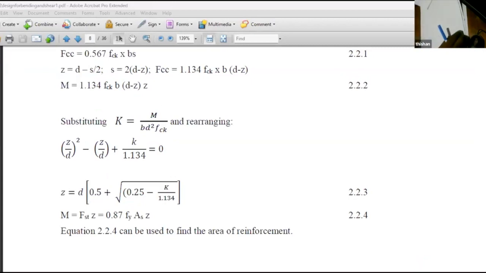So example P6, P7. We have selected a beam 500 by 250. Right. And we have kept cover 35.